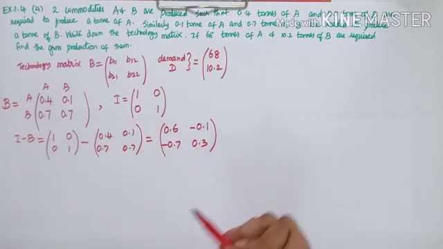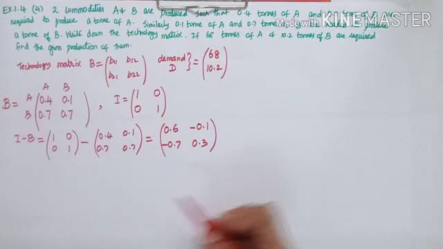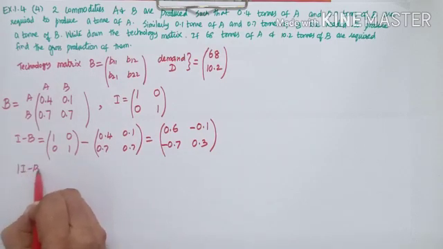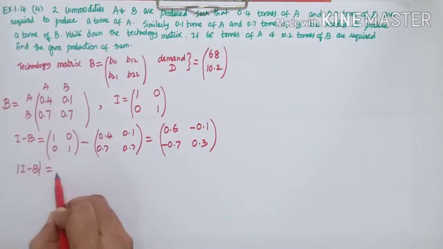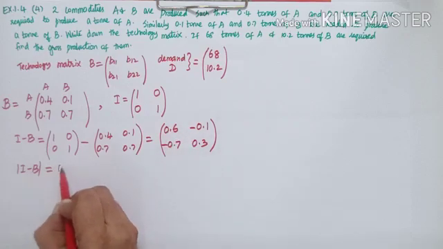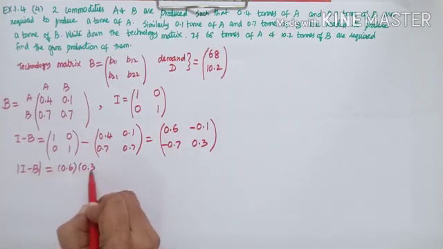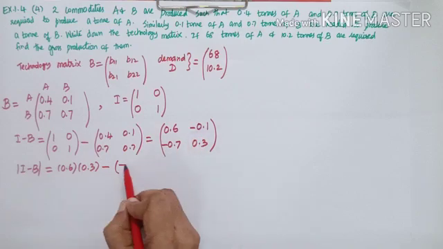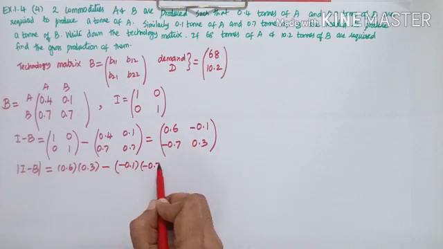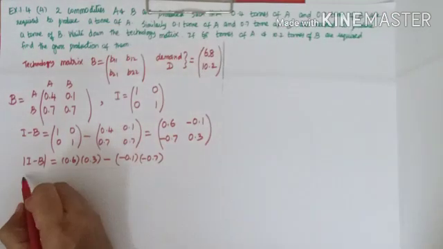As I get I minus B, I have to check the determinant of it. What is determinant of I minus B? Multiply 0.6 into 0.3 minus 0.1 into minus 0.7.